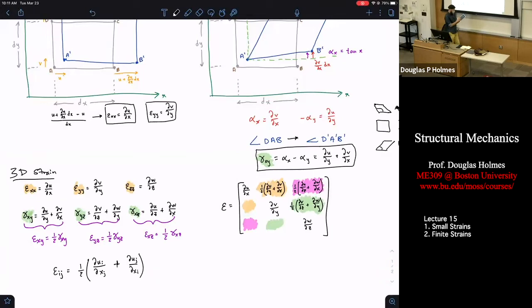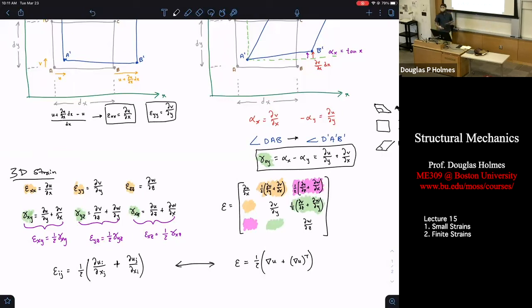If you prefer the direct notation that you see in a multivariate type class, another way to write this exact same thing is to say that our strain tensor is equal to 1/2 the gradient of our displacement plus the transpose of the gradient of displacement.